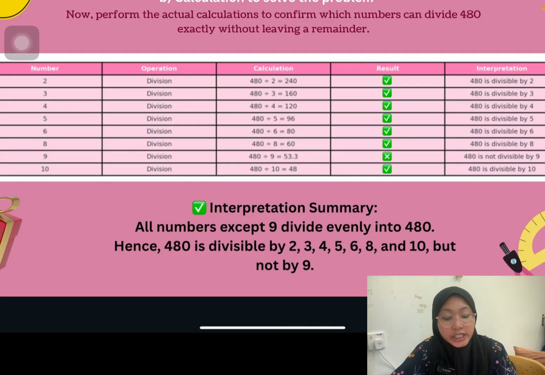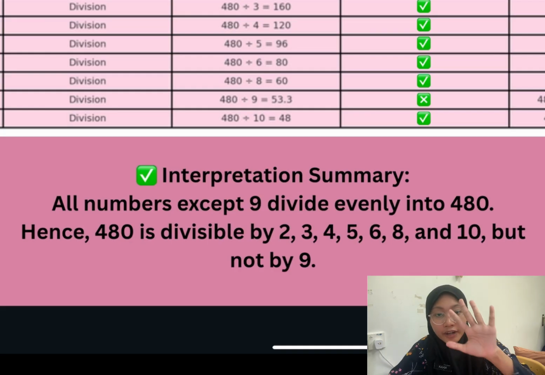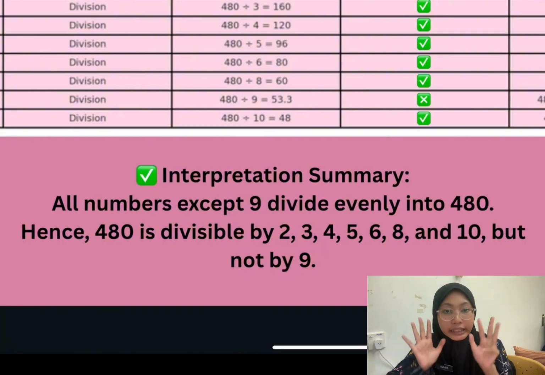So the interpretation summary is all numbers except 9 divide evenly into 480. Hence, 480 is divisible by 2, 3, 4, 5, 6, 8, and 10, but not by 9.